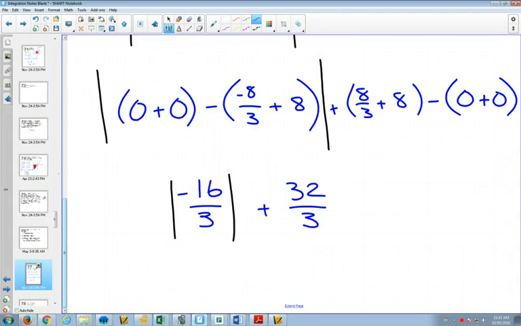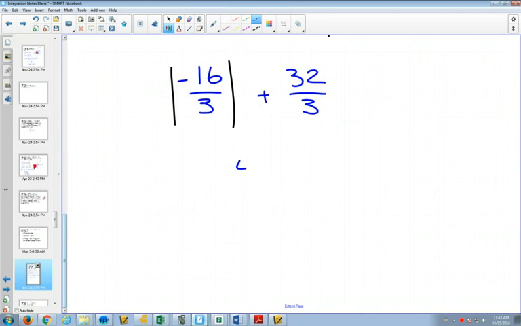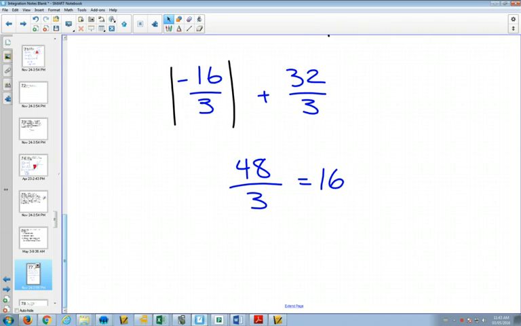This absolute value bars will make this positive. 16 over 3 plus 32 over 3 will give us 48 over 3, which is 16. So we get an area of 16 in the end.